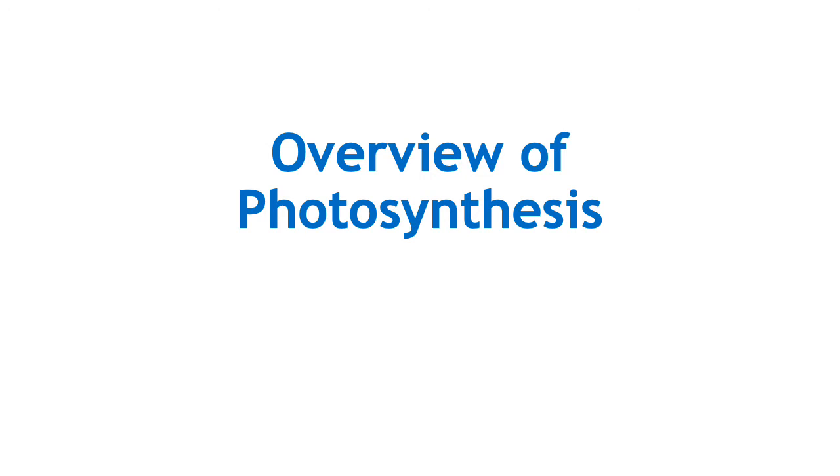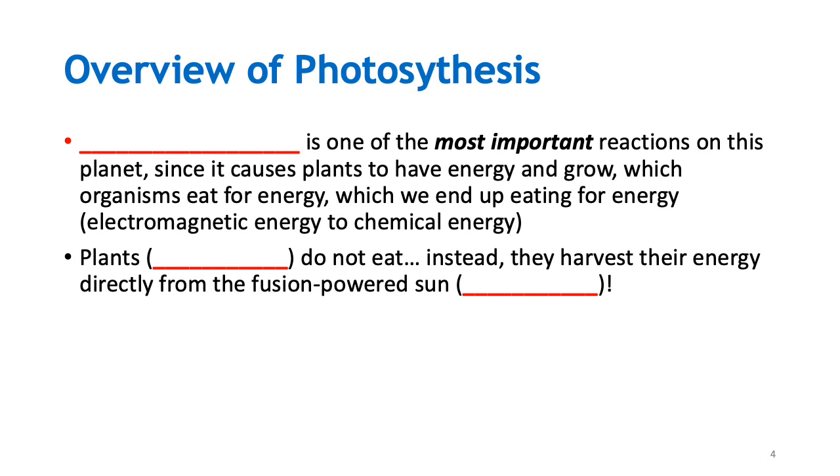Here's an overview of photosynthesis. So photosynthesis, write this in, is one of the most important reactions on this planet since it causes plants to have energy and grow, which organisms eat for energy, which we end up eating for energy. Hopefully you're able to watch some of the videos I put out, but one of them focused on what light is.